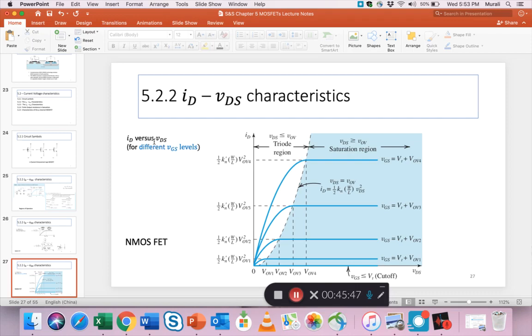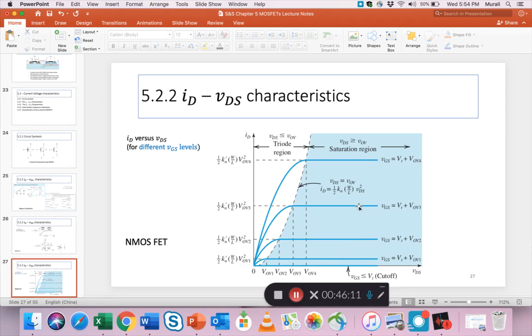Alright, so now maybe this is a new graph for you to understand. If you take different VGS levels, first take a VGS level, let's say 4 volts, plot your graph for ID versus VDS, then shift the VGS to the next level, maybe add 0.5 volts to it, so you went from 4 to 4.5. Then do the same thing.